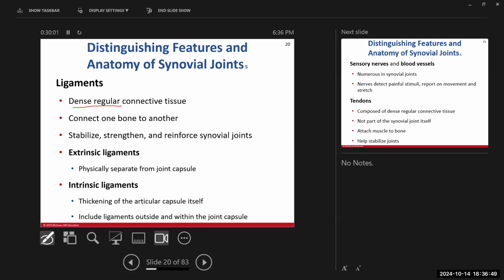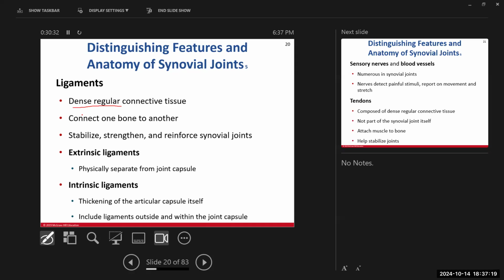So you have 2 types of ligaments. You've got the extrinsic ligaments and the intrinsic. Extrinsic are the ones that, when you're dissecting a cadaver, you would be able to see these ligaments separate. They're easy to identify. The intrinsic are harder, because a lot of those ligaments will be part of the joint capsule. You'll just see parts of that joint capsule are thickened, and that's because the intrinsic ligaments are contributing to that.